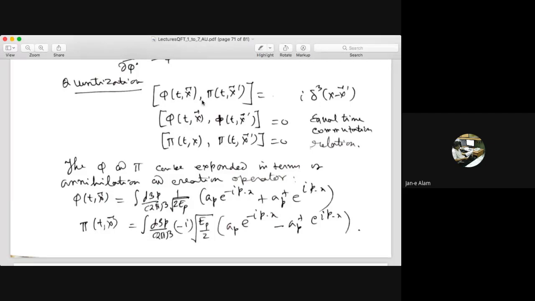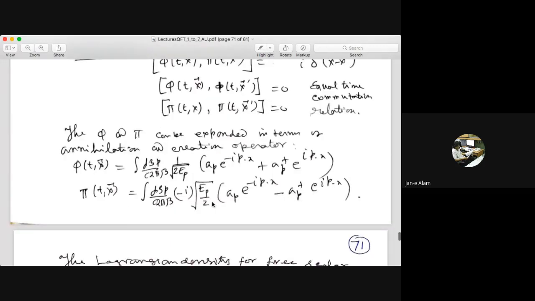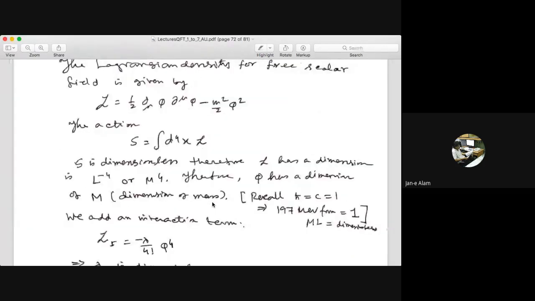And from that quantization condition, we got an equation analogous to the Klein-Gordon equation, and from there we expressed phi and pi, like x and p, in terms of the annihilation and creation operators. Right, this is what we have got so far.